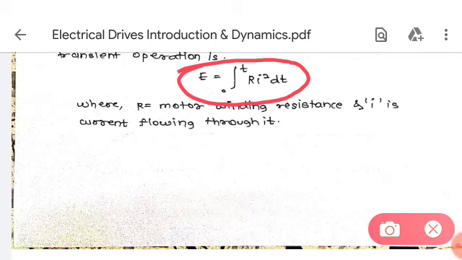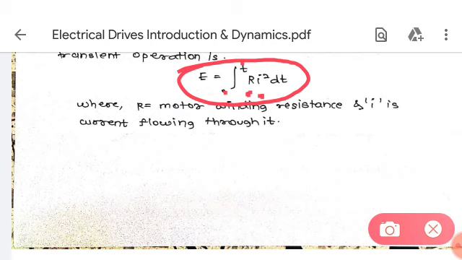So this is how we can calculate energy lost. For that you must know the resistance of the winding and the current through the winding. It is just I squared R T, isn't it? In other words, we integrate this from 0 to T, where T is the transient time.